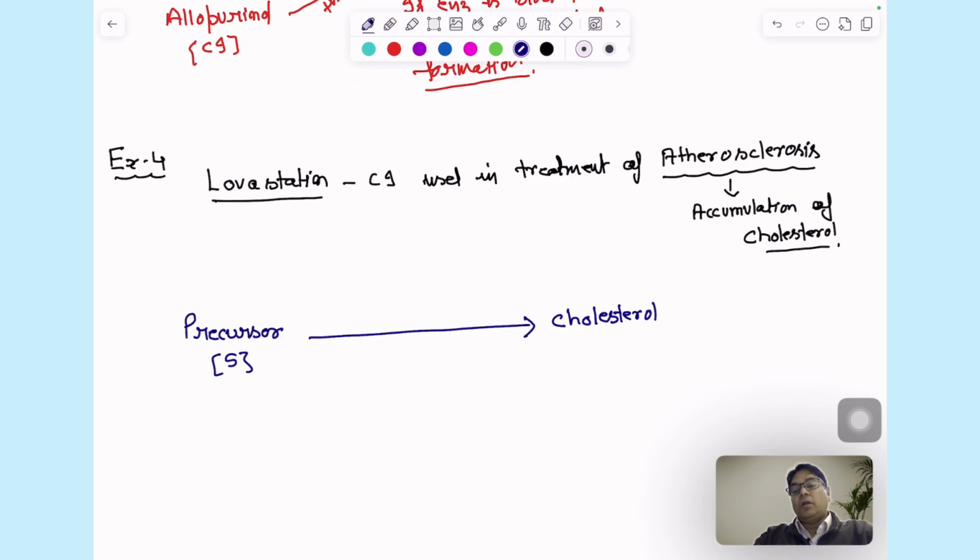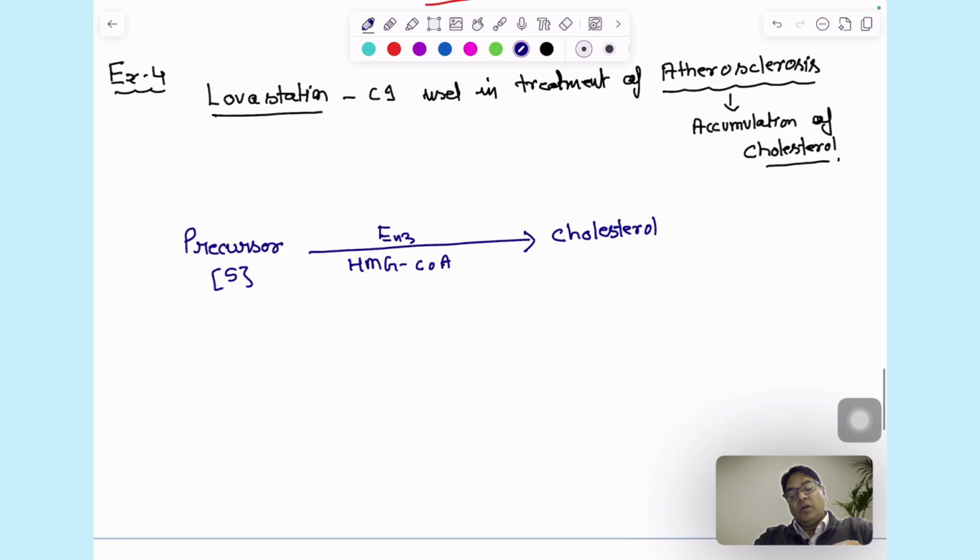So cholesterol formation happens in the body with the help of HMG coenzyme A, the enzyme for the conversion of a certain precursor substance into cholesterol. But we have this lovastatin. Now, what does lovastatin do?